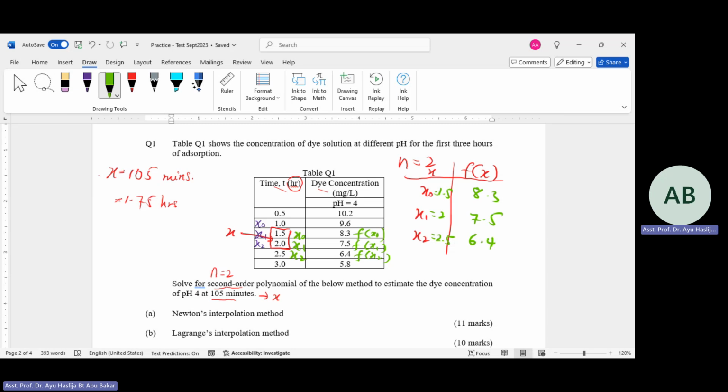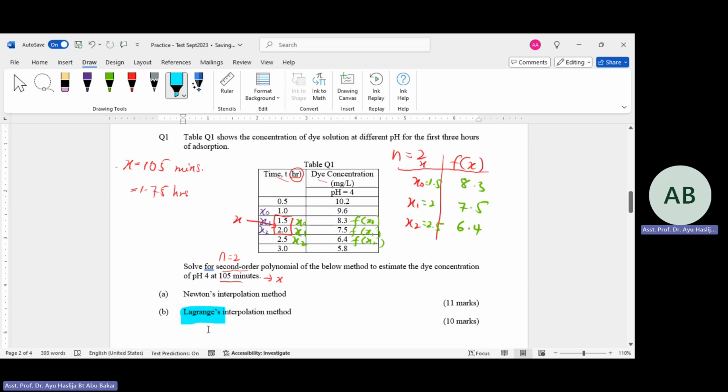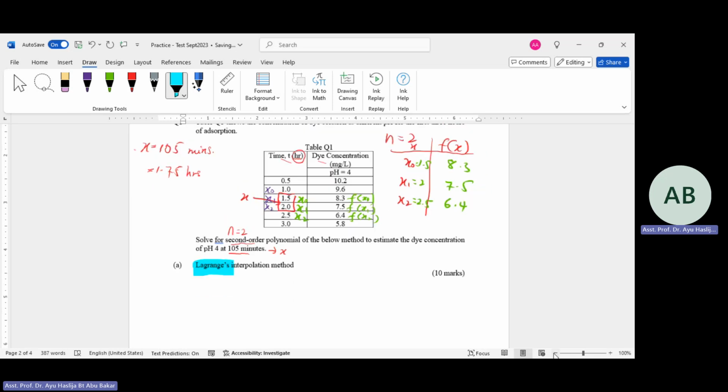Okay, now we focus on Lagrange. For those who just came in, we focus on Lagrange today. Second order. I delete this part. Now Lagrange second order, F2 at 1.75.